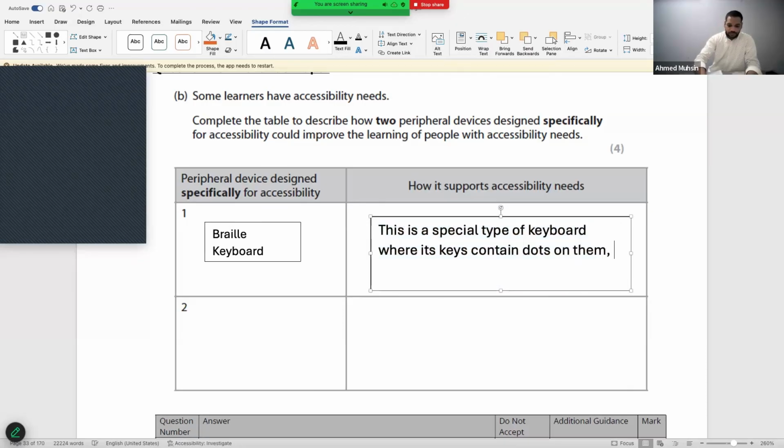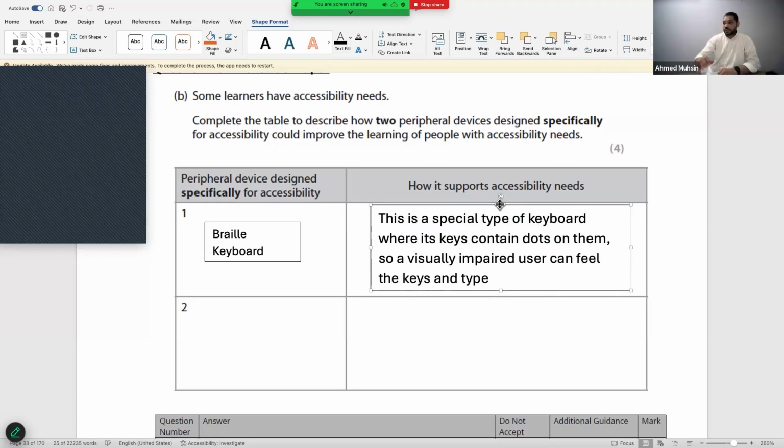So a visually impaired, we don't say blind, we say visually impaired, user can feel the keys and type. Are we all okay with this? A user who cannot see properly can feel the keys, okay, and type.